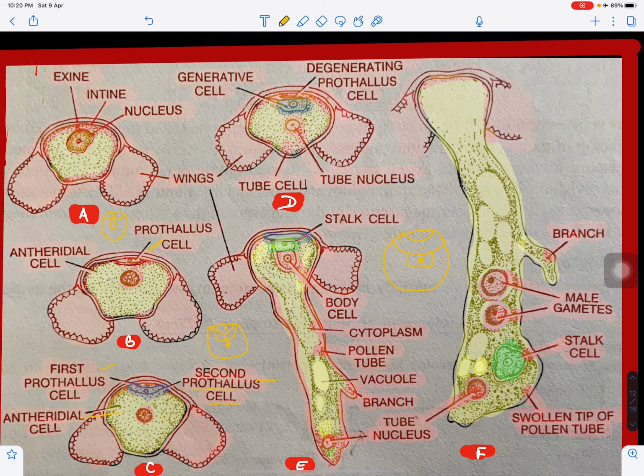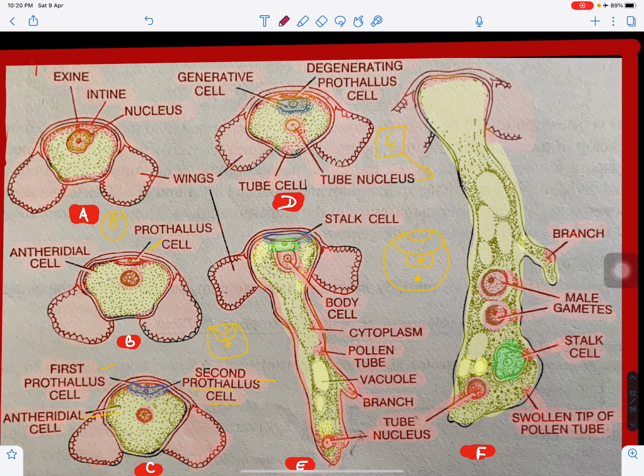This is the generative cell and this is the tube nucleus. Now we have the generative cell, tube nucleus and two prothallus cells. This has become the 4-cell stage. Two prothallus cells, one generative cell, and next is the tube nucleus. So 4-cell stage. At this stage, pollen grains will be liberated and this is called pollination.